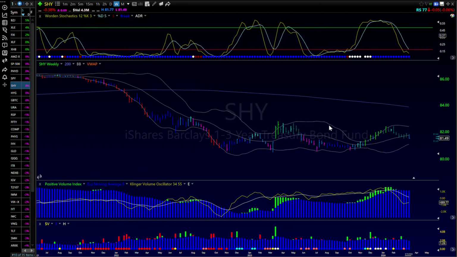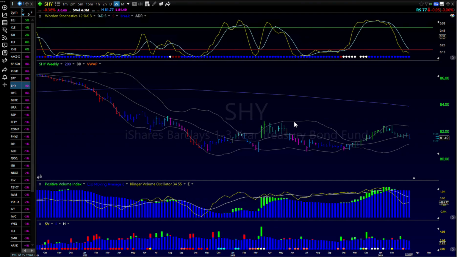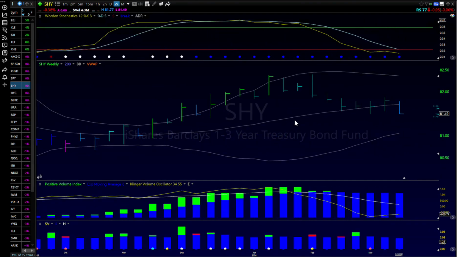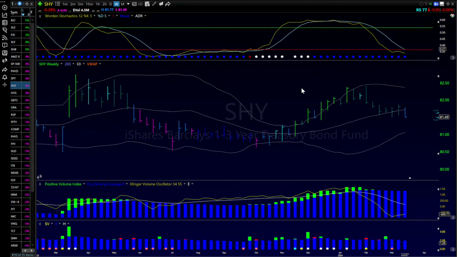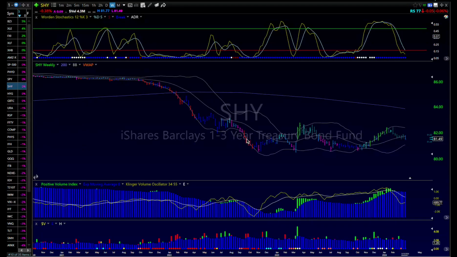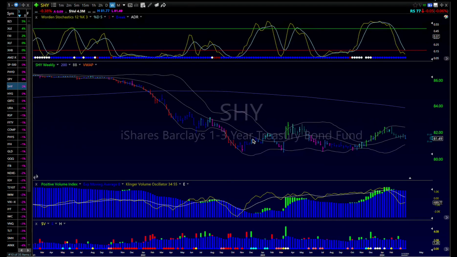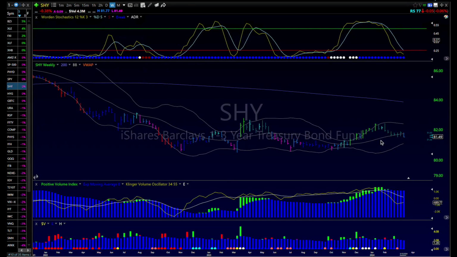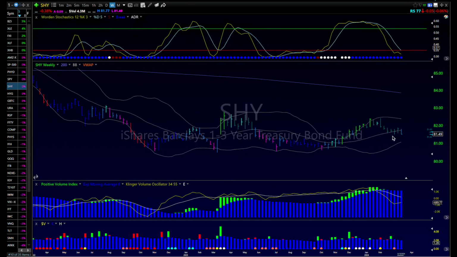This is the bond index. Yeah, so this is the Treasury Bond Fund, and that is starting to, it's down, right? Pretty clear.